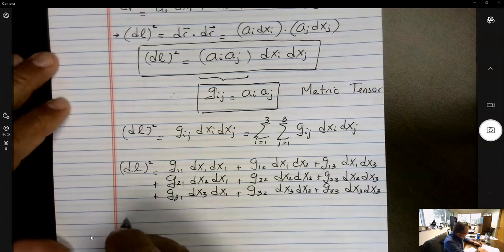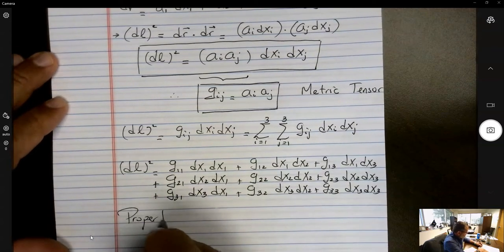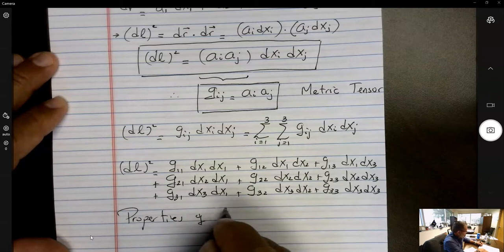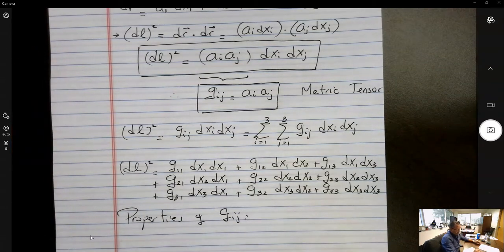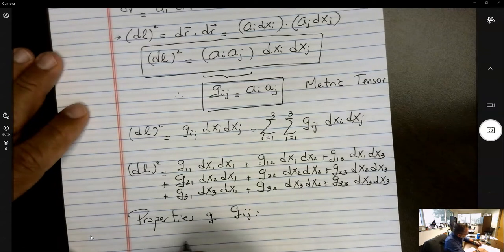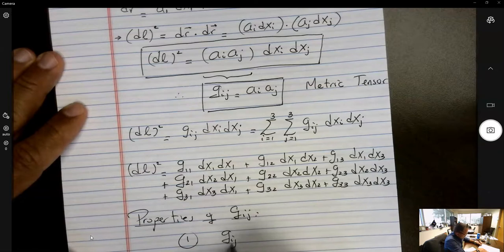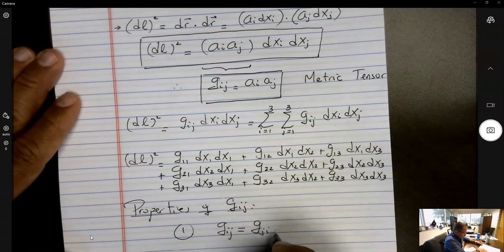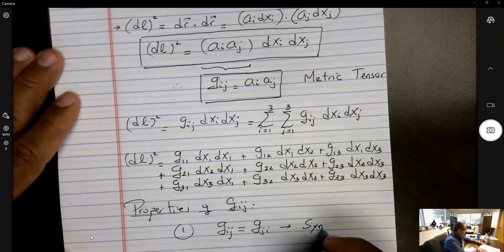There are some properties of Gij, of the metric tensor. Number 1, Gij is equal to Gji. So it is symmetric.